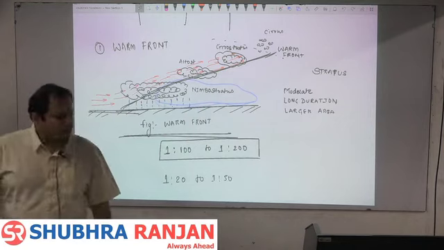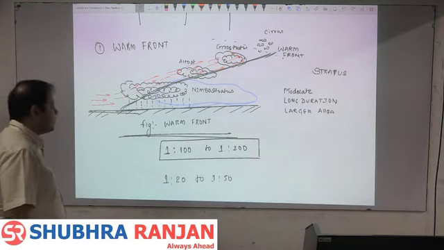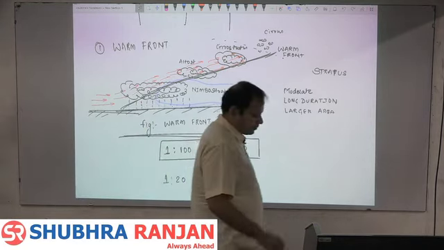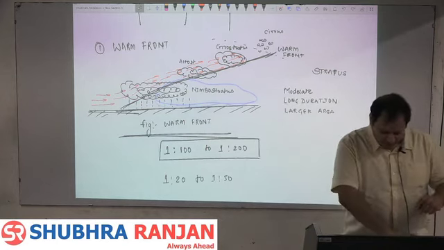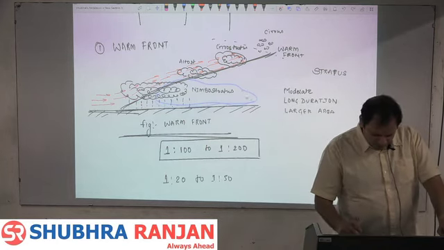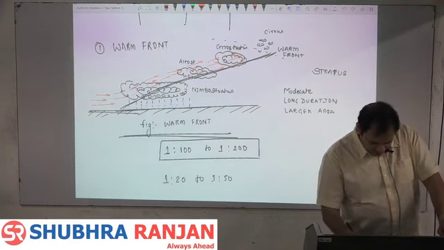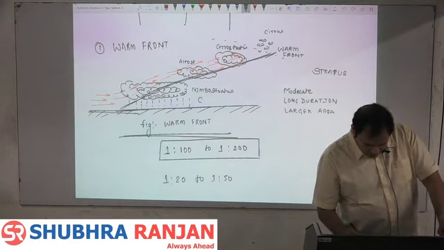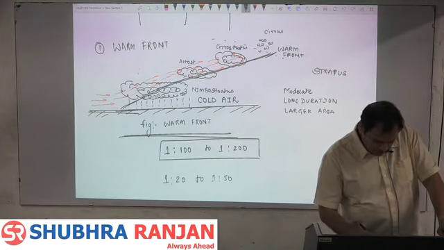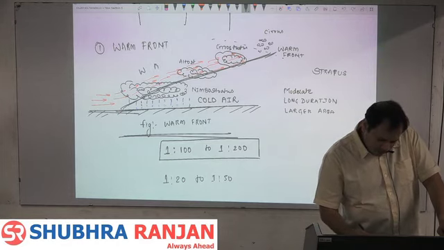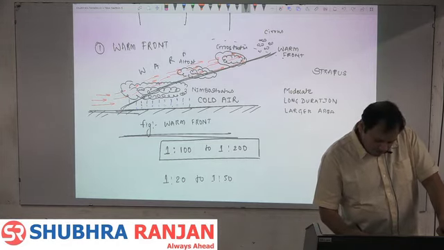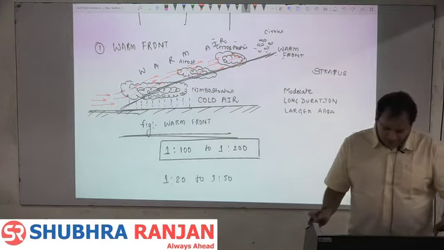Second point, the sequence of clouds is as shown in the above diagram.